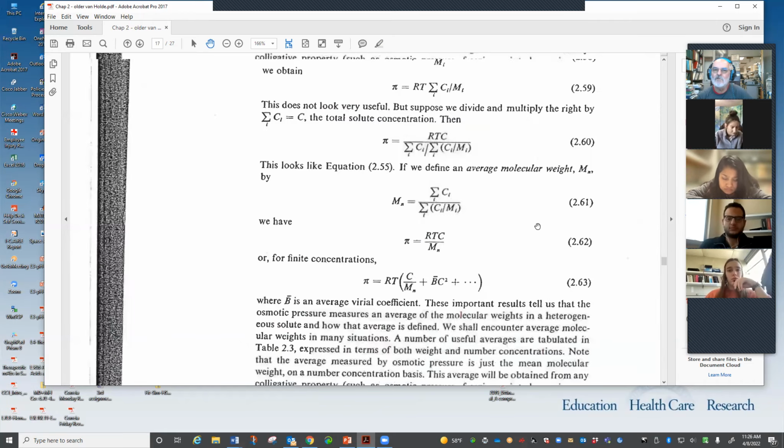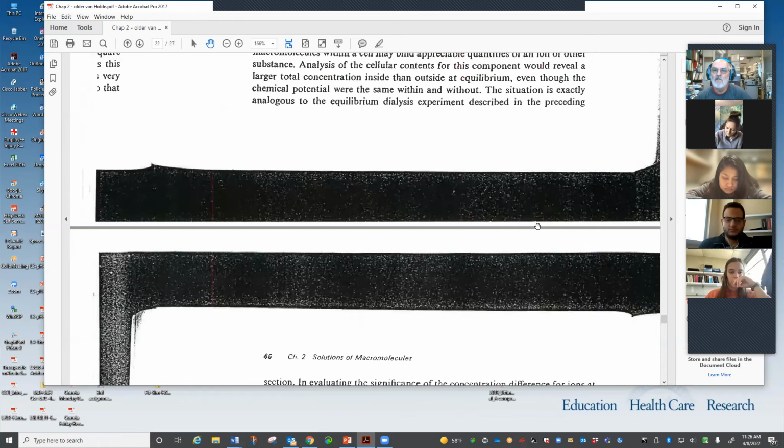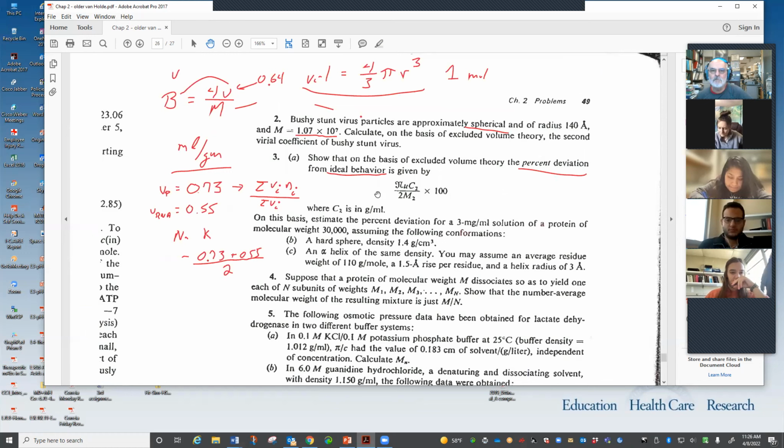What you need to do is figure out the proper equation for B based upon the description. A hard sphere, so it's that formula. An alpha helix of the same density, a rise over run, and a helix radius of 3 angstroms.